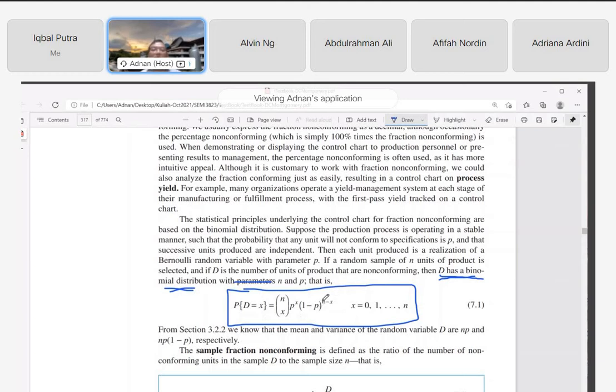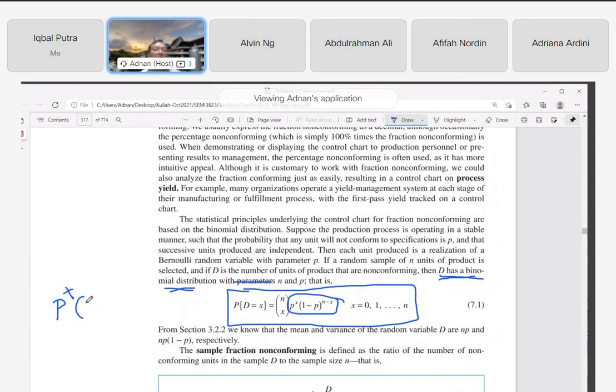If you see here in this formula, if you study statistics, this is the proportion of X, the number of defects that are happening.